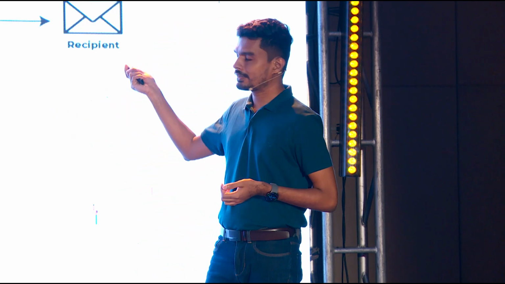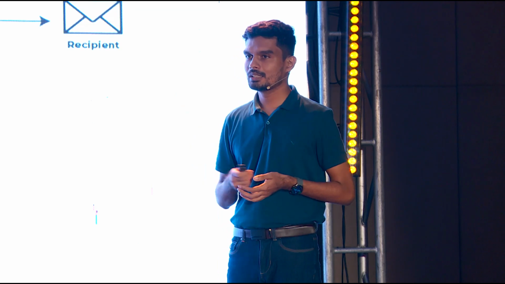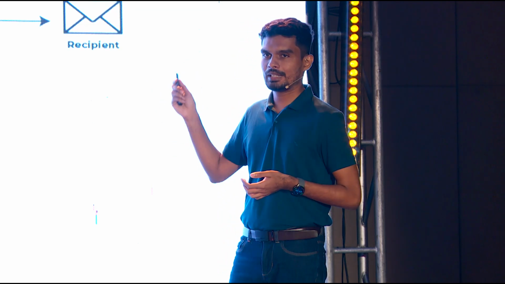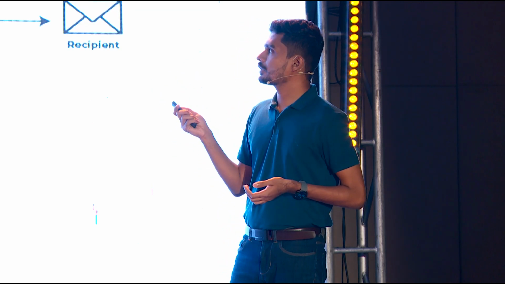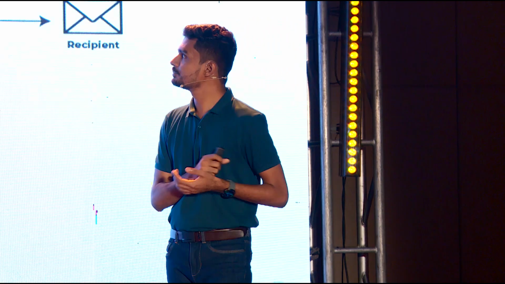I have this diagram explaining what happens in the public key infrastructure, but I'm going to come back to this later. So now let's go through each of these components and concepts and see what they really mean.